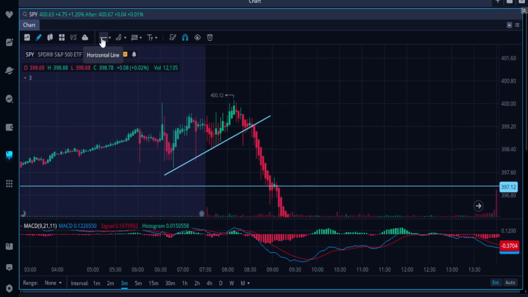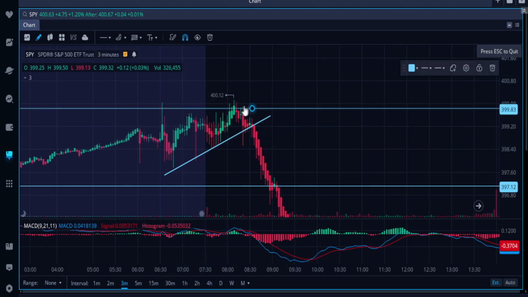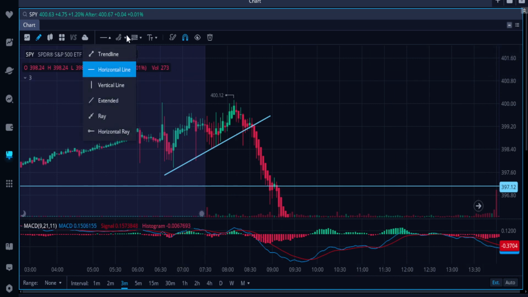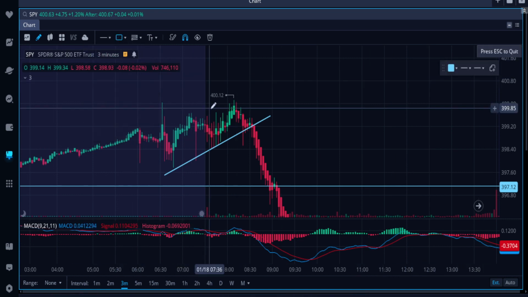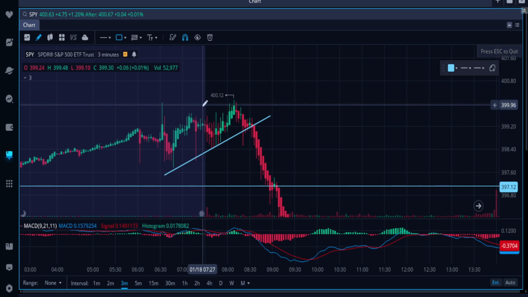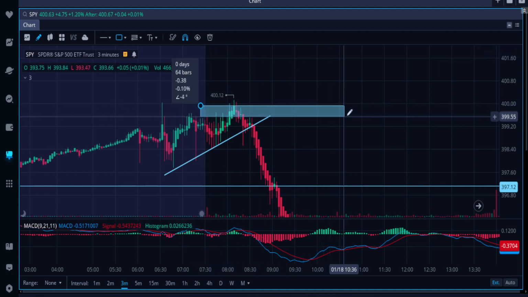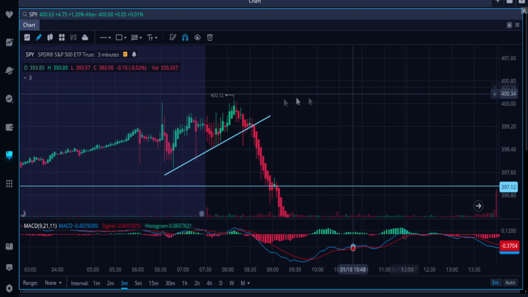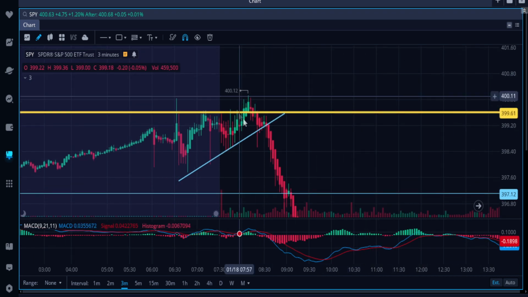So for this, I determined that the high of this day was the area that I would use for my profit target, because you see that ran into this 400 area and then it dropped. I consider that to be a significant level, and that's where I would want to place my target. But I like to use a more specific area than just a box.